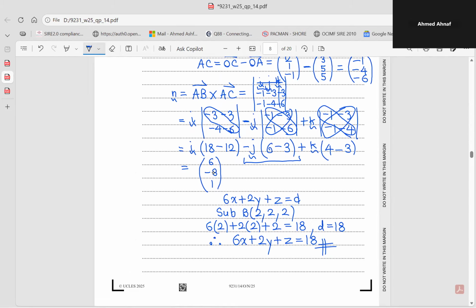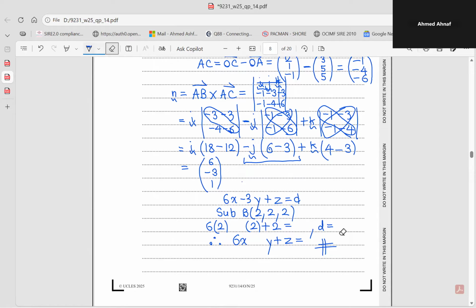So the normal vector is 6, minus 3, 1. Okay, so therefore the vector equation is minus, oh my goodness, is minus 3. Let me replace this. Let me erase this. Okay, so it's minus 3.